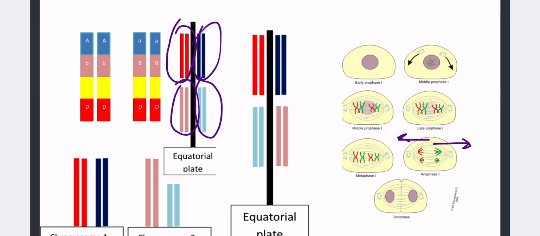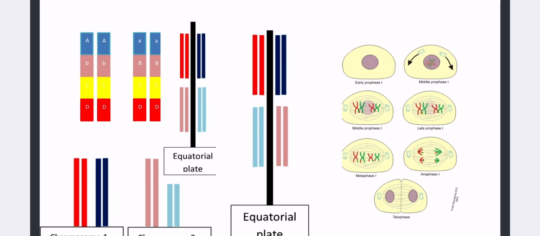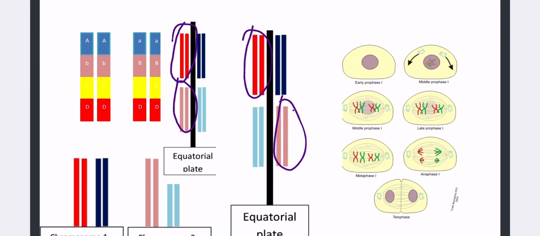But independent assortment / random segregation introduces variation because of the possible different combinations that mum's genes and dad's genes can line up at each of those 23 different points. So that will then determine which set of genes go into one cell on one side versus those on the other side.